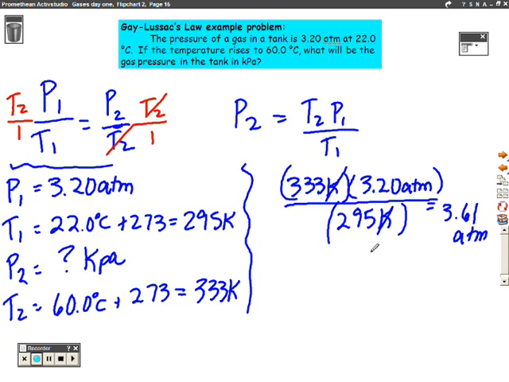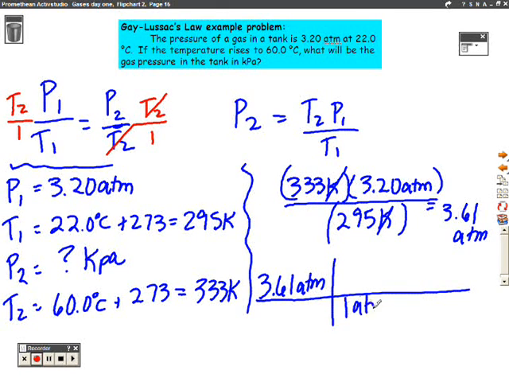Now the question didn't ask for atm, but it asked for that pressure in kPa. So I've got one more step to go, and using dimensional analysis, I'm going to convert my atms to kilopascals. Remember that 1 atm equals 101.325 kPa.